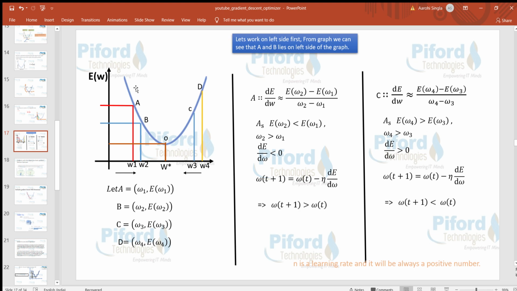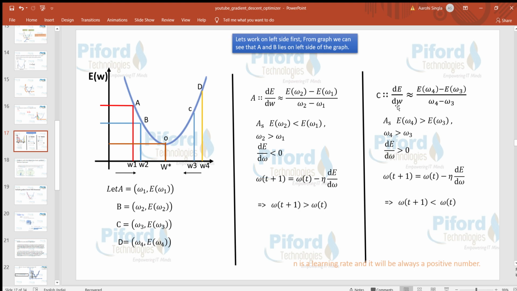So error at W4 is somewhere over here, and error at W3 is somewhere over here, right? W4 is greater and W3 is smaller. Error of W4 minus error of W3 divided by W4 minus W3. Then we'll get the approximate value of derivative of error by derivative of weight.